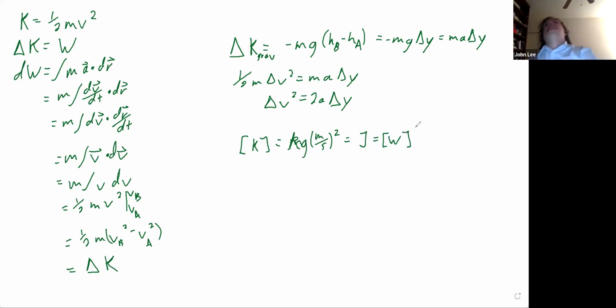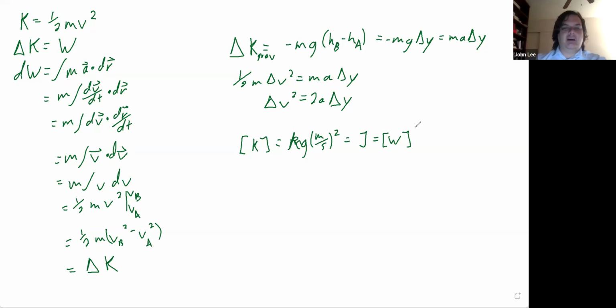So just doing a sanity check, we see that the work done is of the same units as the changing kinetic energy. So this is why the joule, instead of being generally called the unit of work, is called the unit of energy.